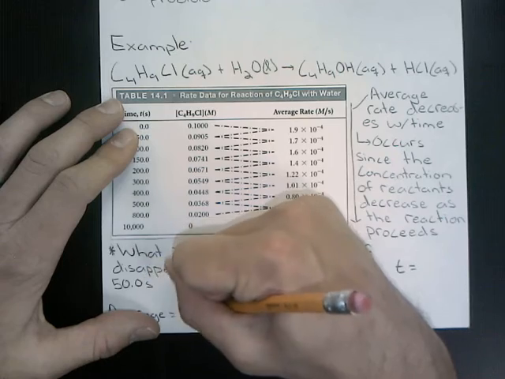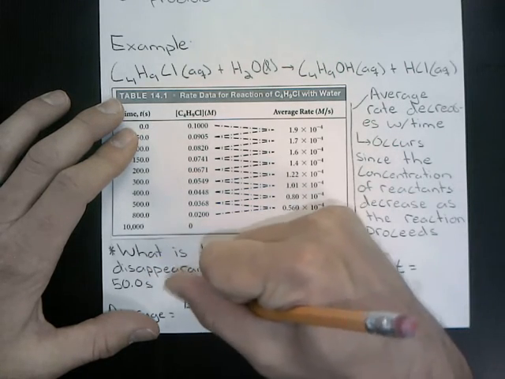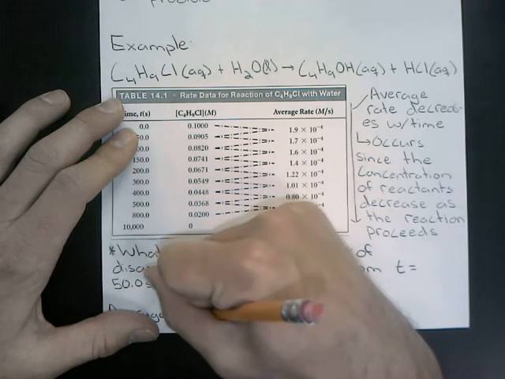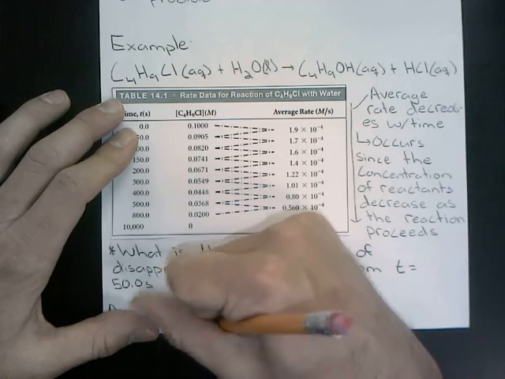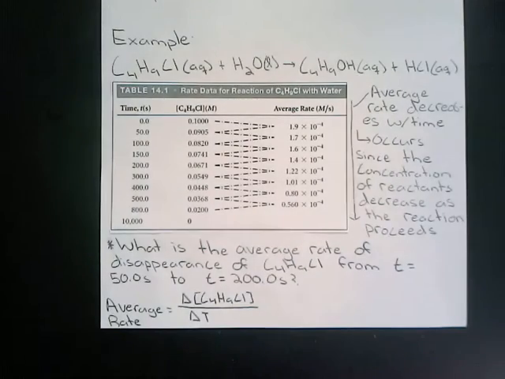I'm going to put that in brackets because that represents concentration, so [C4H9Cl] divided by the change in time.